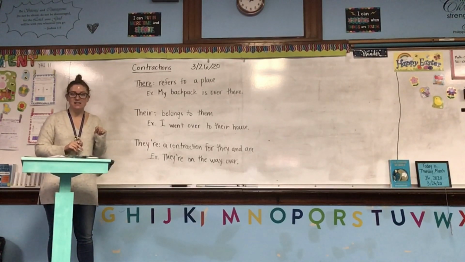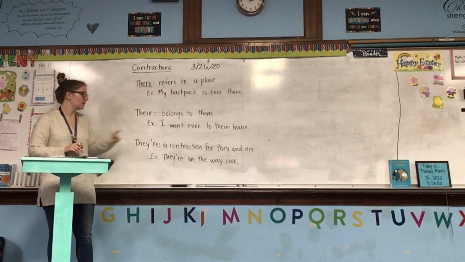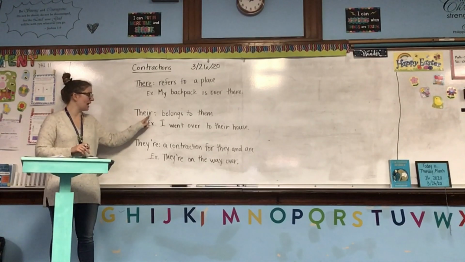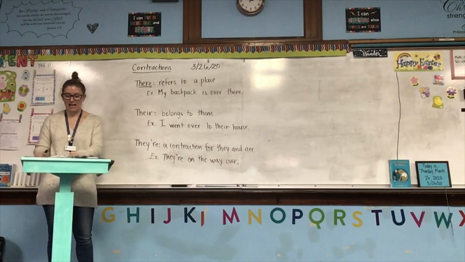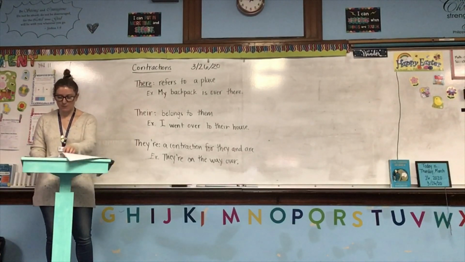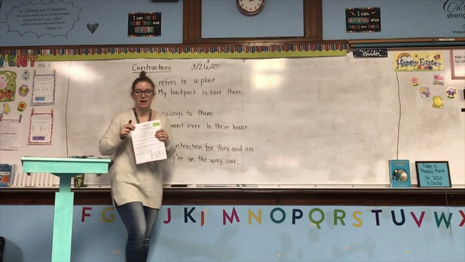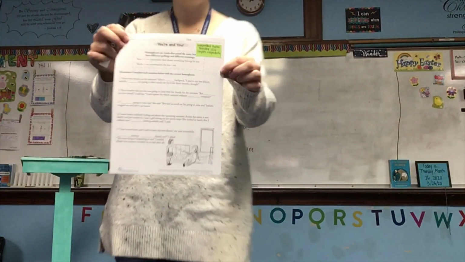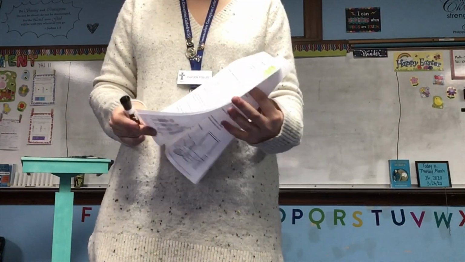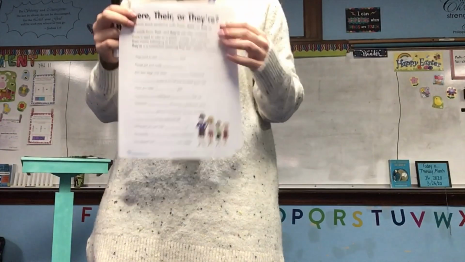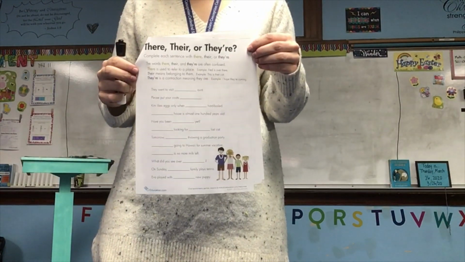Whenever you're saying that something belongs to them, you can say T-H-E-I-R. Make sure that you use these notes to help you with your independent practice, which is on your and you're, and there, their, or they're.